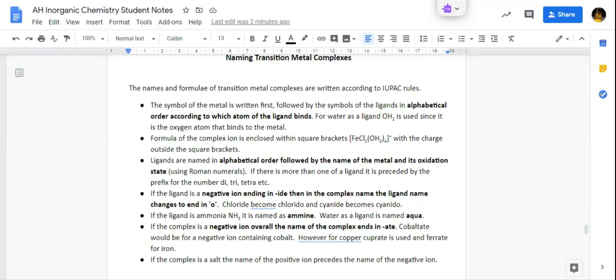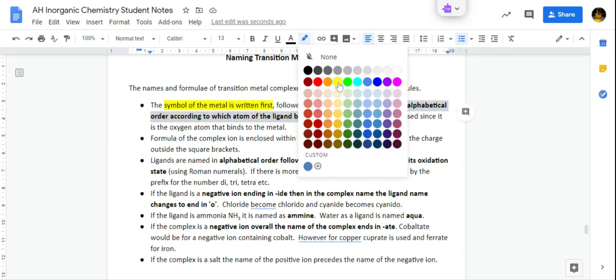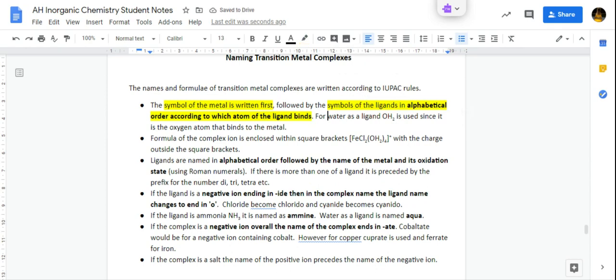So first of all, when we are writing names and formulae, if we're doing the formula of the transition metal complex, we write the symbol of the metal first of all. Okay, and then we write the symbols of the ligands. Now the symbols of the ligands are put in alphabetical order according to which atom of the ligand binds. I mentioned this earlier, that when you've got water as a ligand, we write it as OH2 because the non-bonding pairs of electrons that form the dative covalent bond with the central metal ion are on the oxygen.